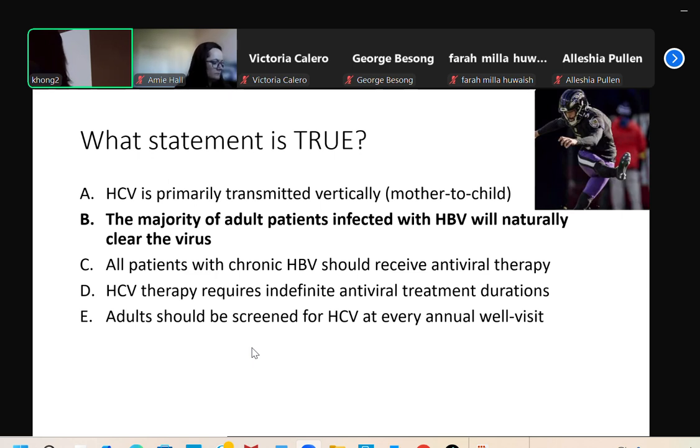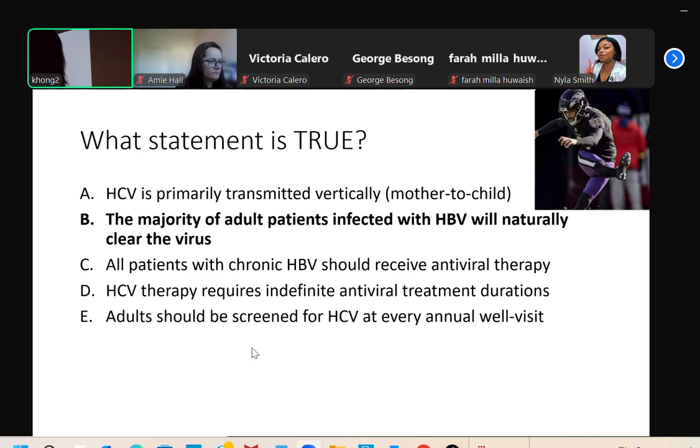Hep C indefinite antiviral. Nope. Do you remember the two general timeframes? 8 or 12 weeks, depending on the treatment strategy. And then they can be cured, right? And then most adults are just recommended for screening once a lifetime, not every year.